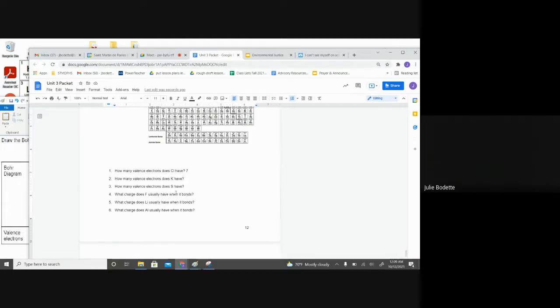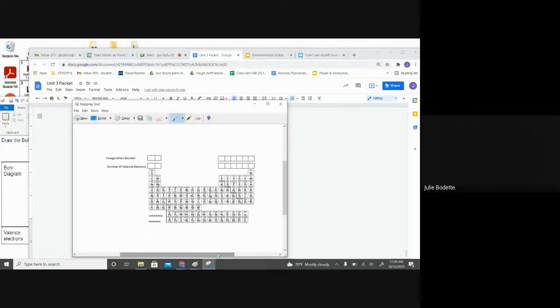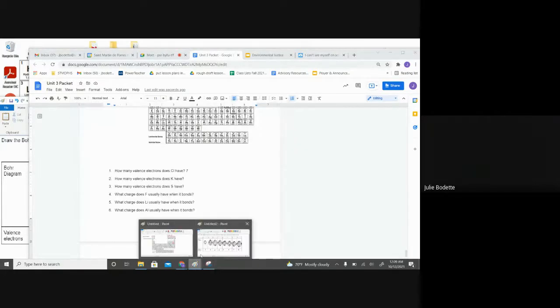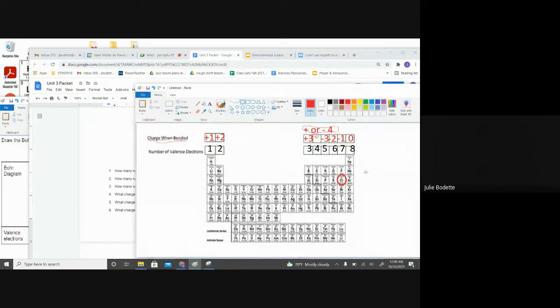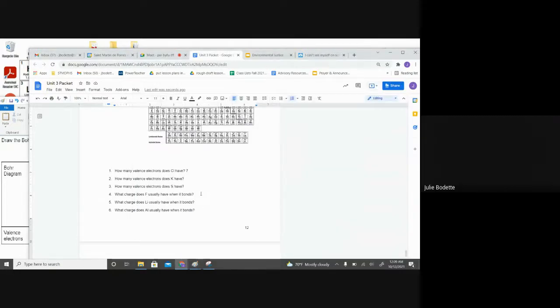And let's do this one. What charge does F usually have when it bonds? So fluorine is right here. And everything in this row has a charge of -1. So fluorine has a charge of -1 when it bonds. Chlorine has a charge of -1. Bromine has a charge of -1. All these guys have a charge of -1 when they bond, right? Everything in this column would have a charge of -1.